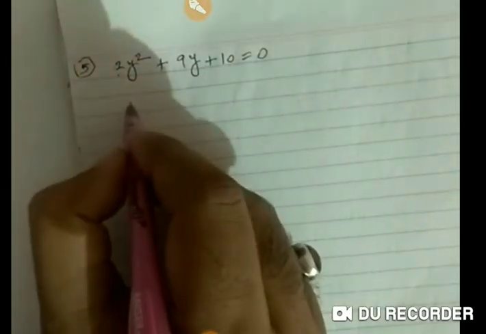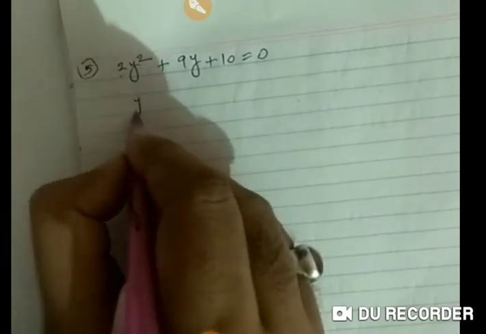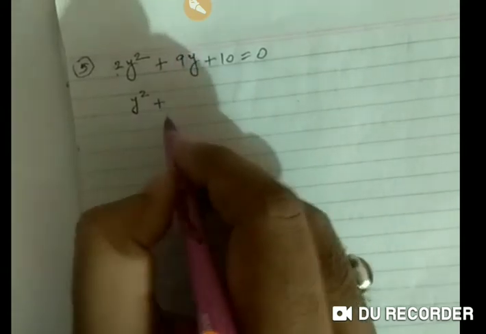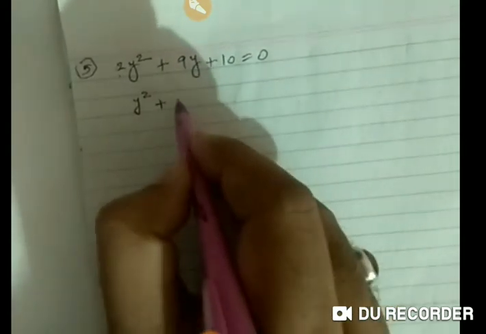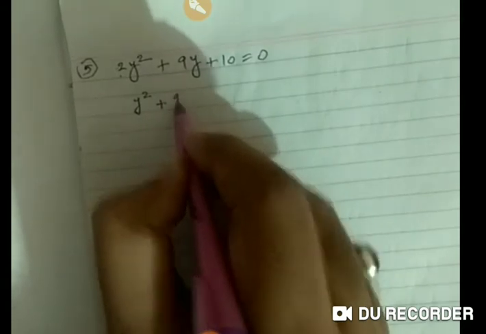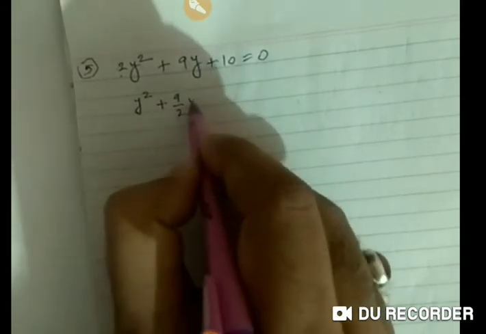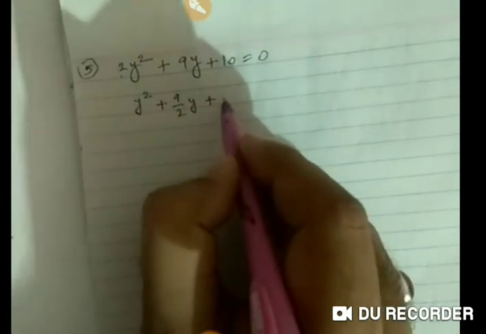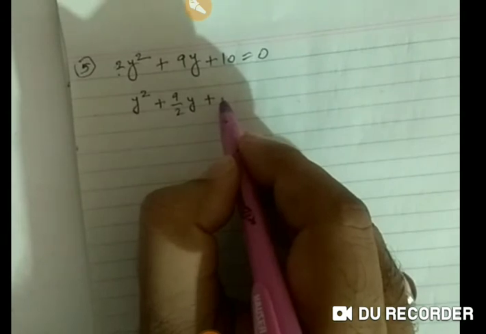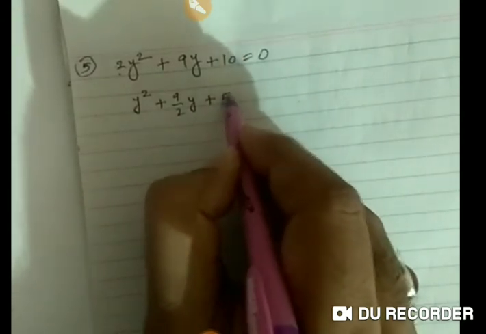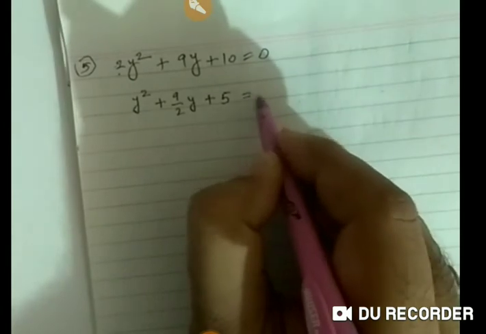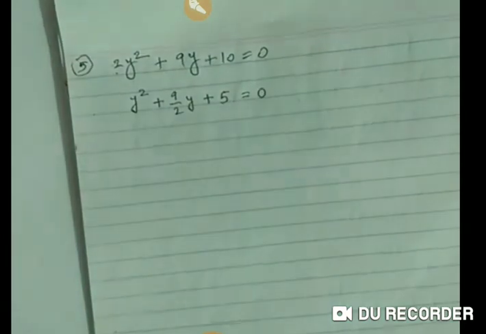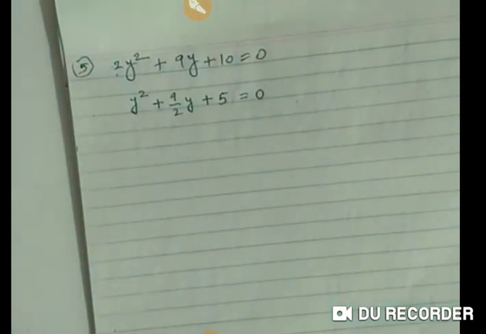When you divide the first term by 2, this will become y square plus 9y. 9 will also be divided by 2, so it will become 9 by 2 y, plus 10 by 2, how much? 5, equals 0 by 2, which will remain as 0.